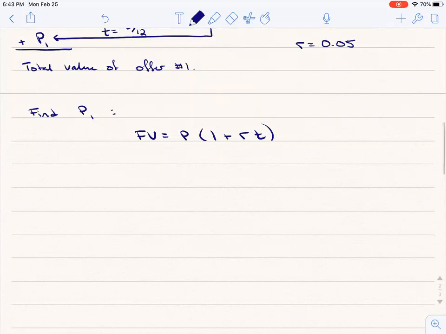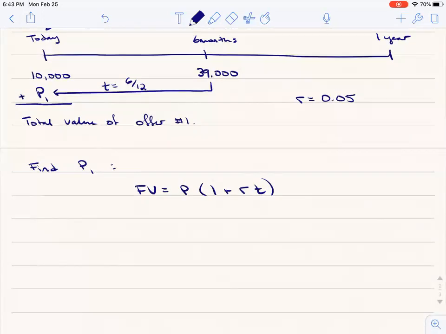When you're trying to determine this, this is the present value because it's on the left-hand side of the line, and here's the future value. So the future value is the 39,000. We've got 39,000 as our future value, is P, which we're trying to find, times 1 plus R, which is 0.05, and then times T, which is 6 over 12.